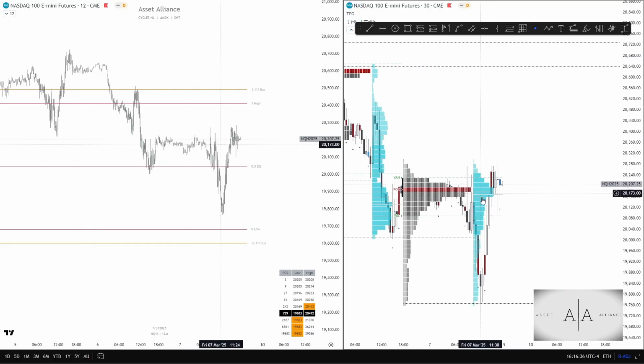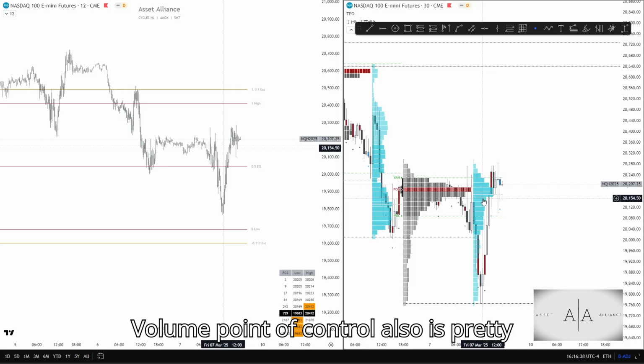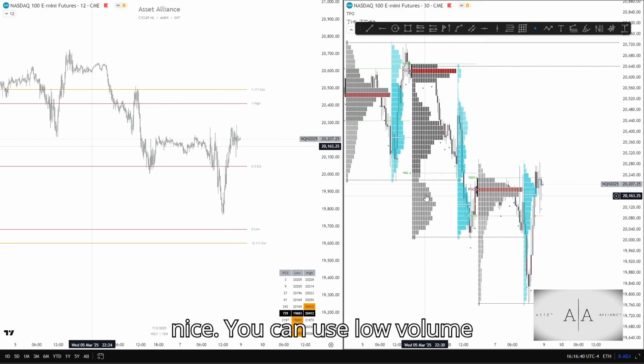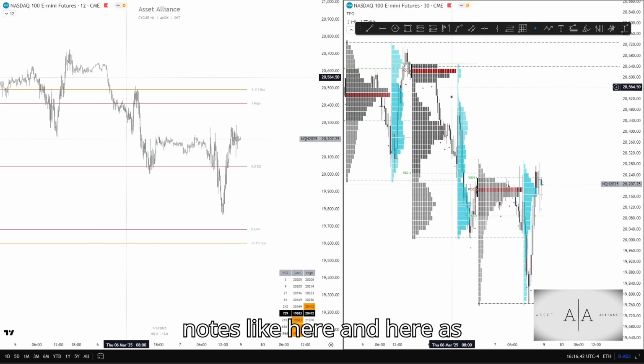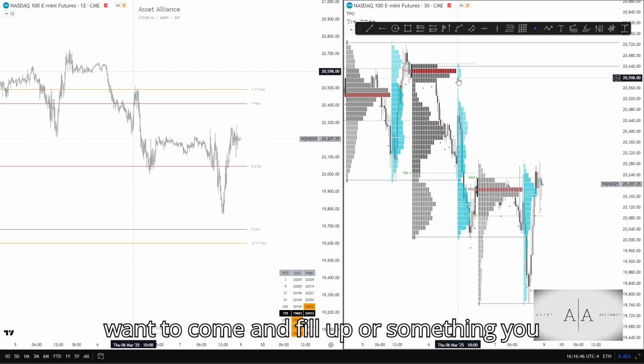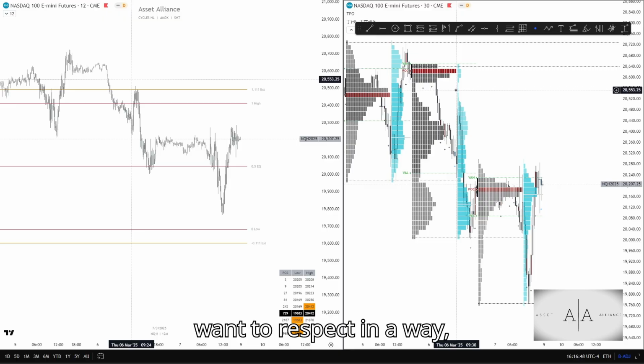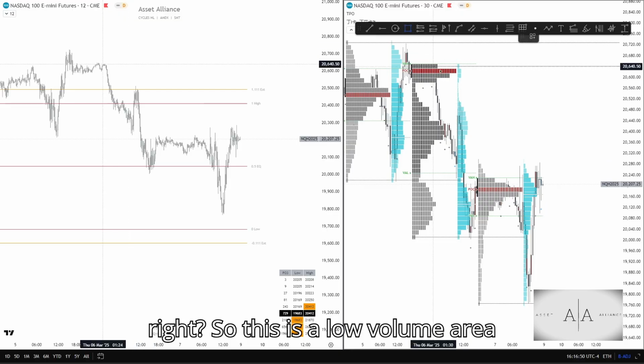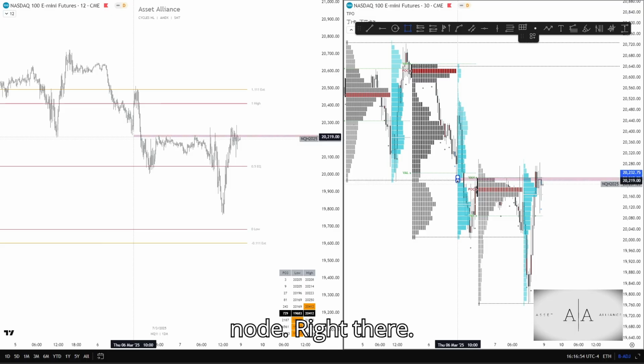Volume point of control also is pretty nice. You can use low volume nodes like here and here as somewhat of a fair value gap, something you want to come and fill up, or something you want to respect in a way, right? So this is a low volume area node right there.